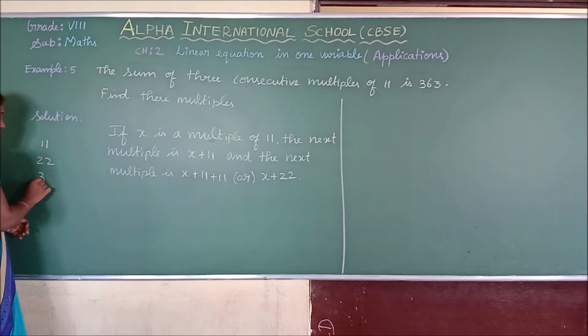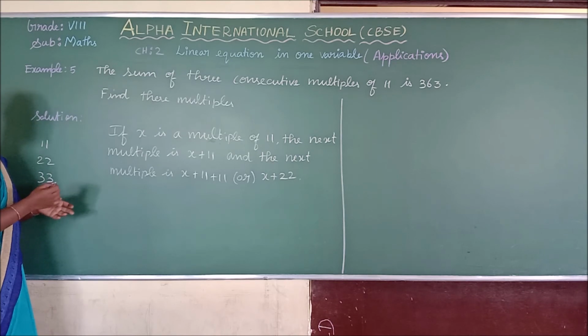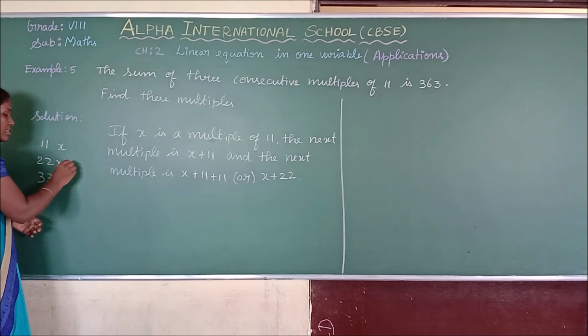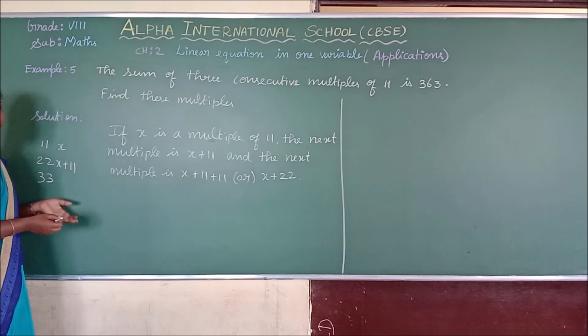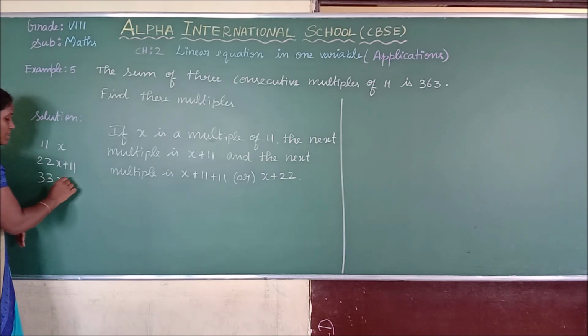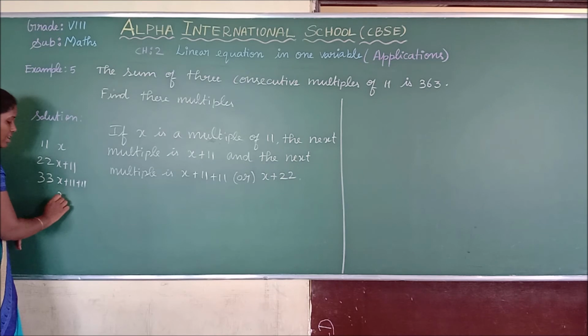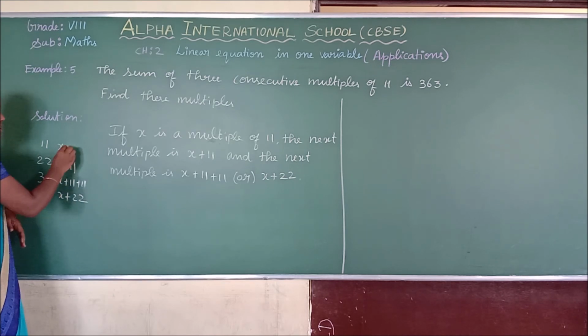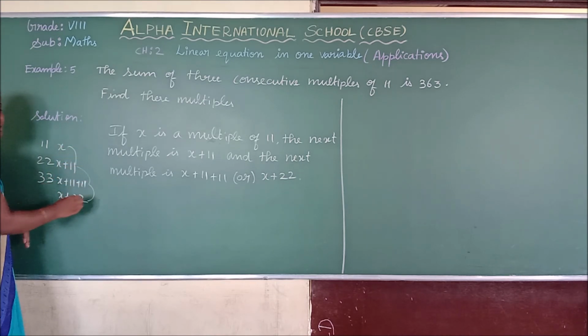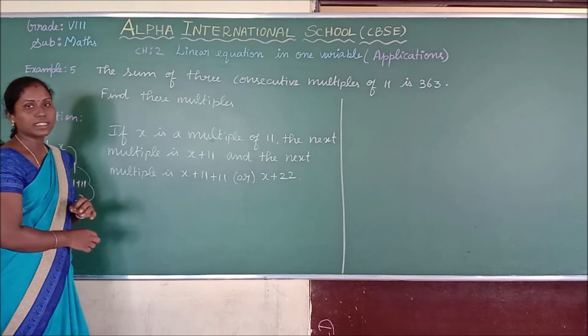What is the next multiple of 11? 33. If you are taking x in general as the first number, the second number can be taken as x plus 11. The third number you can take as x plus 11 plus 11, or x plus 22. In this manner we can take the 3 consecutive multiples of 11.